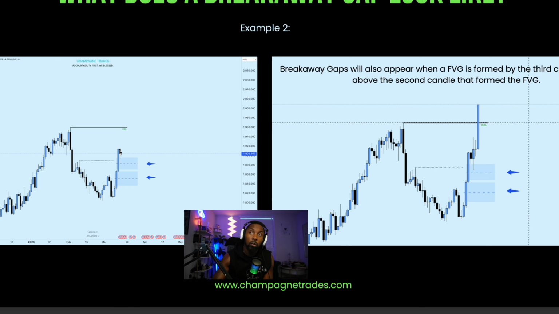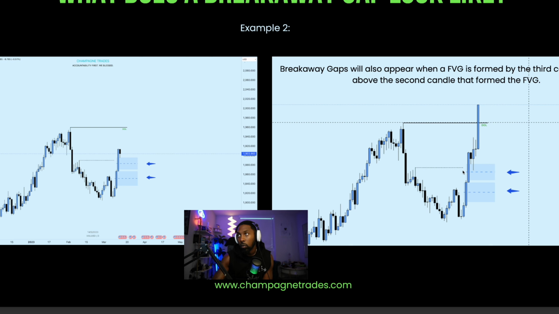Because if you go into this candle right here, the third candle's range, and you see regular gaps on a lower time frame supporting price higher, that will confirm that this is a breakaway gap as well. Not only does it have a swing in it, they both have swings in it. But you can get breakaway gaps that don't have swings in them if the third candle closes above the second one. So here's a closer look at it over here.